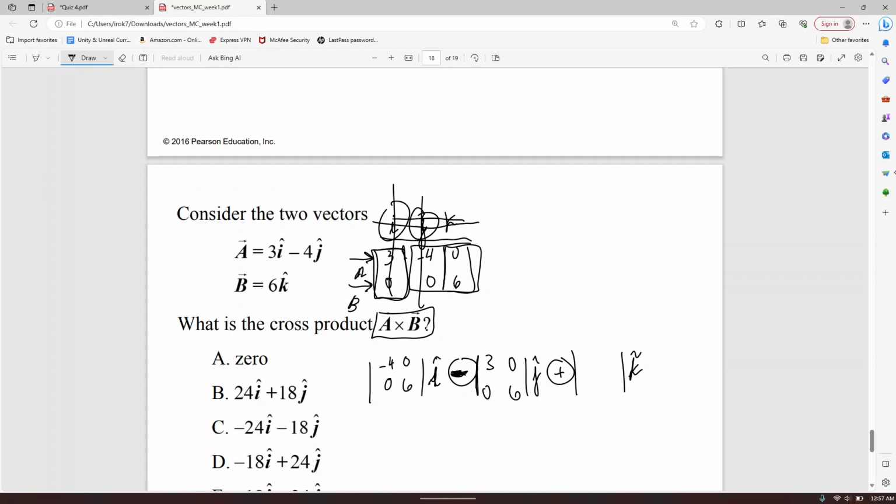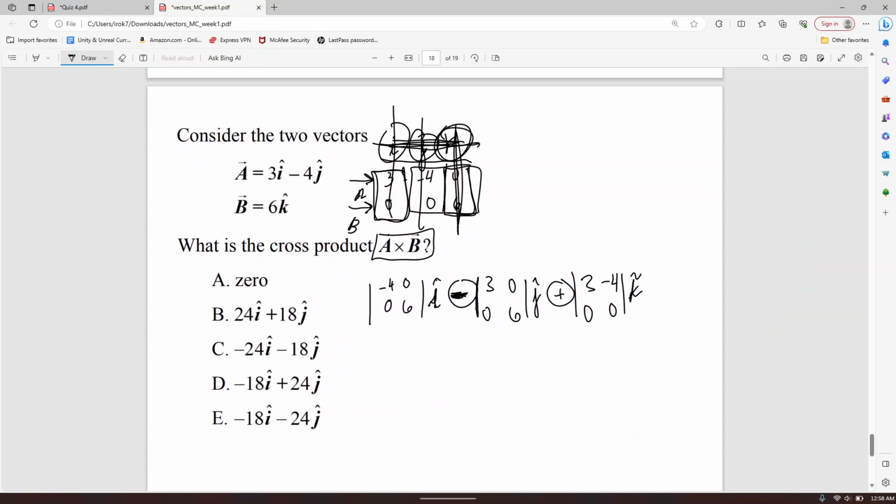And you finally do the same thing for k, because now we're looking at k, so we cross it, and we get 3, -4, 0, 0. Okay, so that's the first step, or really the first 2 steps.